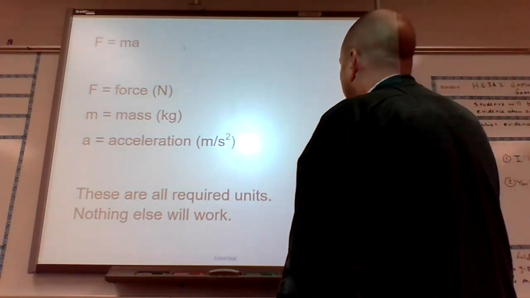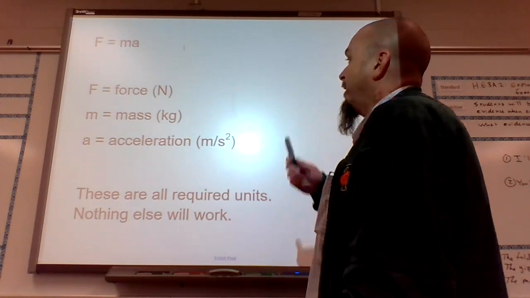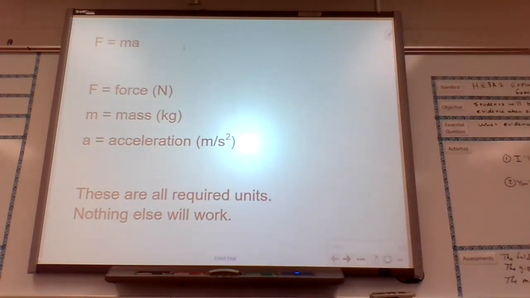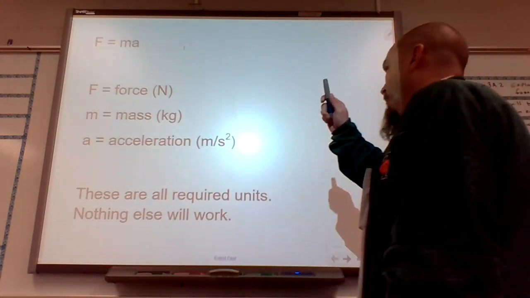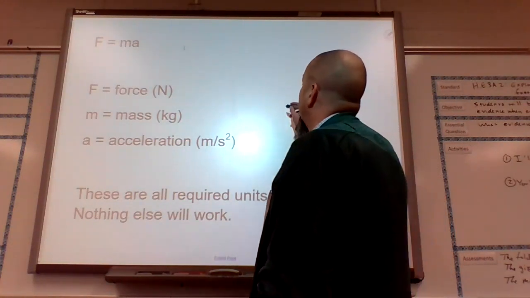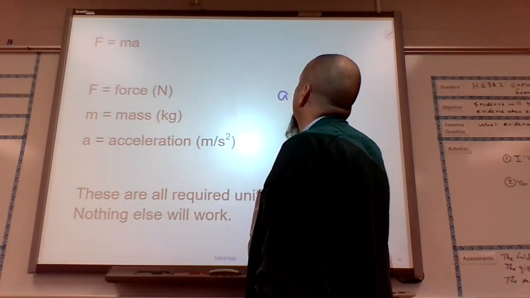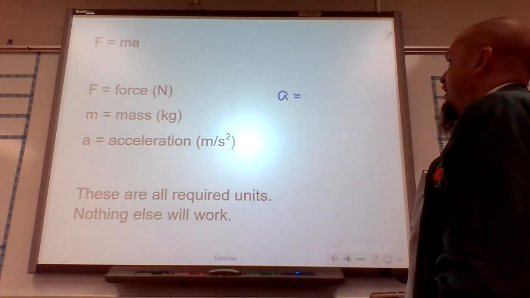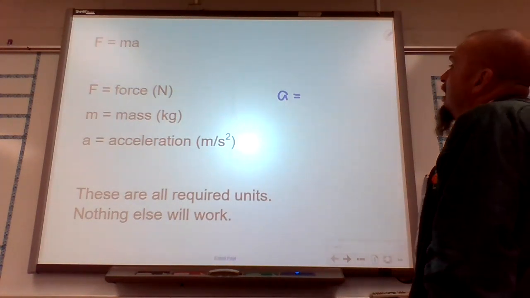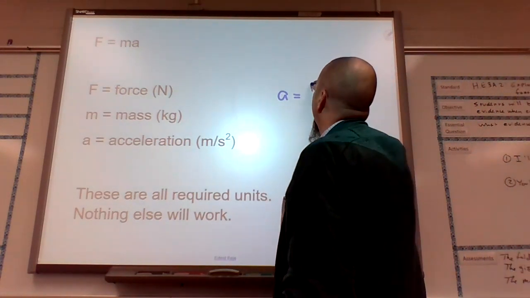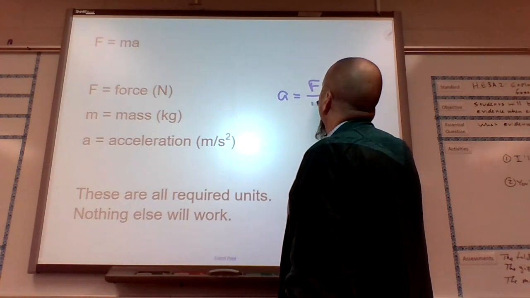Before I get into the math, I want to show you that this is the relationship between force, mass, and acceleration. If I were to rearrange that equation so it says A equals, I would have to divide both sides by m. And I would end up with A equals F over m.